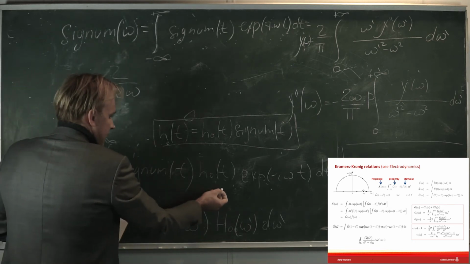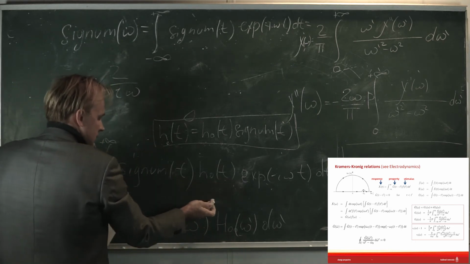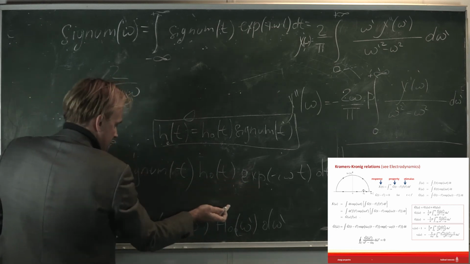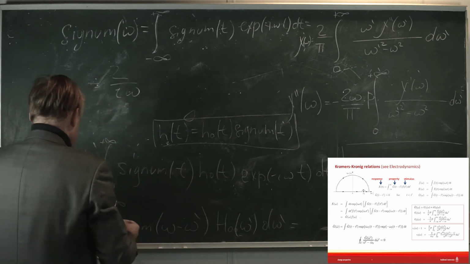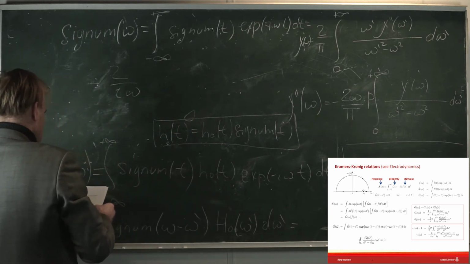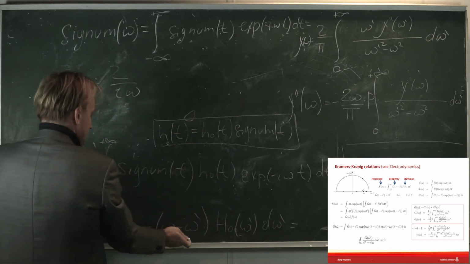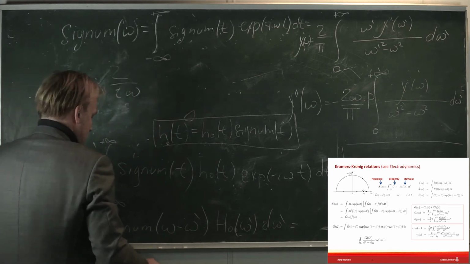So here we apply the convolution theorem to get from this stage to this stage, and eventually we simply have to substitute here the Fourier transform of this function.